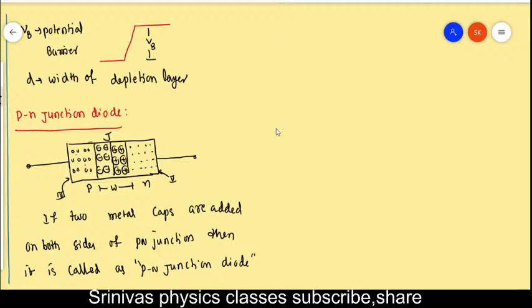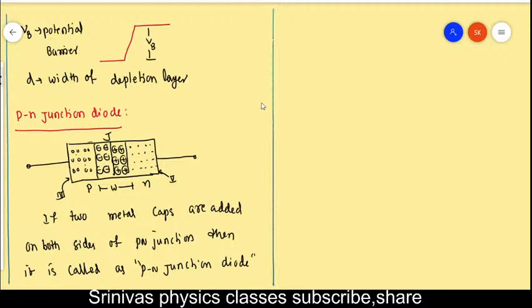Now, the symbol of the PN junction diode. After the invention of the diode, LED TVs are used; LED is a light emitting diode. After the invention of diodes, all of electronics changed.